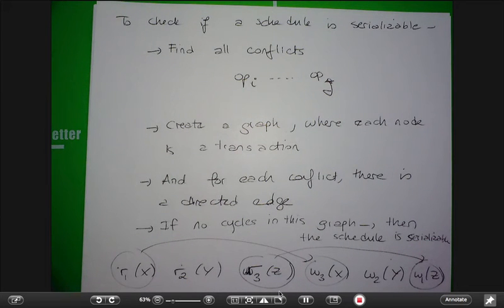If there is a cycle, then it is not serializable. That means that there is no serial schedule that is guaranteed to give you the same results as this schedule.